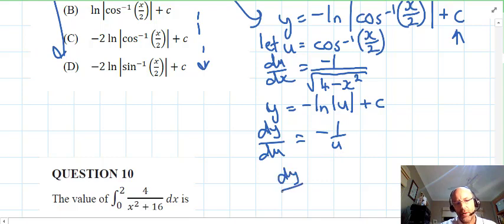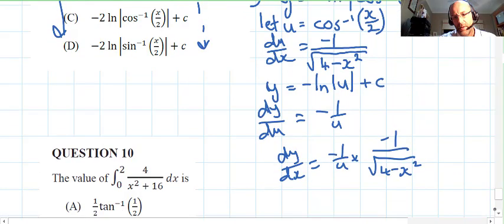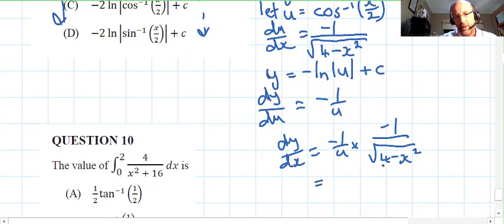With our chain rule, we have to multiply these two results together. So dy/du times du/dx would be negative 1 on u by negative 1 over the square root of 4 take x squared. We basically have a positive, and we unsubstitute the u, so that was inverse cos of x on 2.